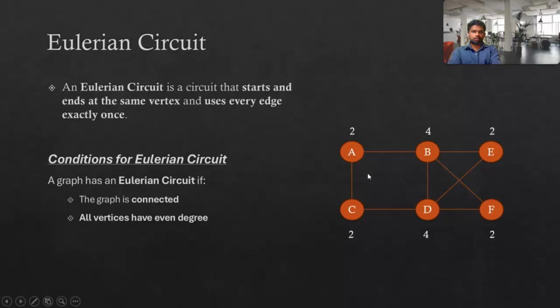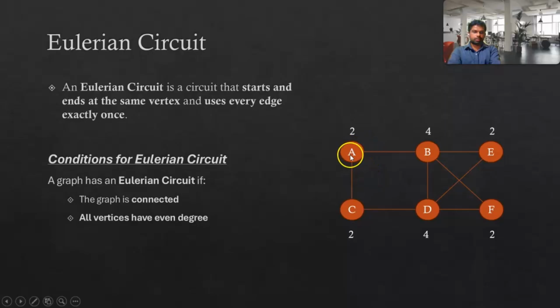Now we'll move on to the Eulerian circuit. An Eulerian circuit is a circuit that starts and ends at the same vertex and uses every edge exactly once. Conditions for an Eulerian circuit: a graph has an Eulerian circuit if the graph is connected and all vertices have even degree.